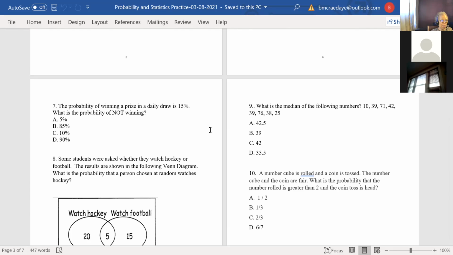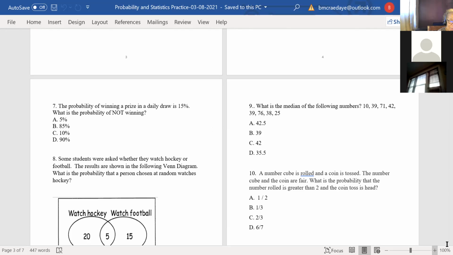So what's the probability of not winning? 10%? No. Probability of winning plus the probability of not winning is 100%. Got it? So if you know the probability of winning is 15%. That'd be like 85%. That's right. Okay.